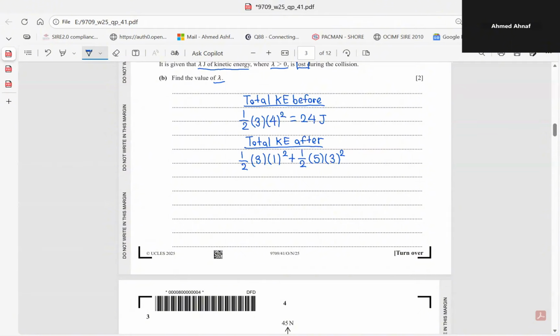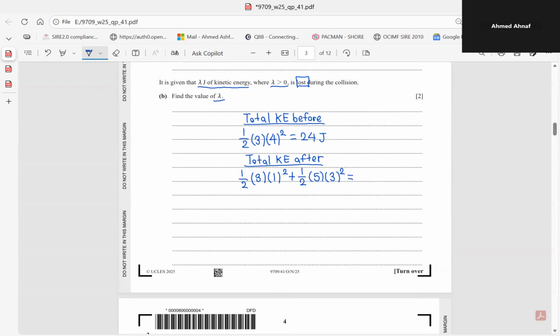Okay, so that's one of the speeds for Q after the collision. Okay, so if we get a value that is less than 24 joules, we're not going to go ahead and calculate the other possible one, but you can do both if you want to be safe.